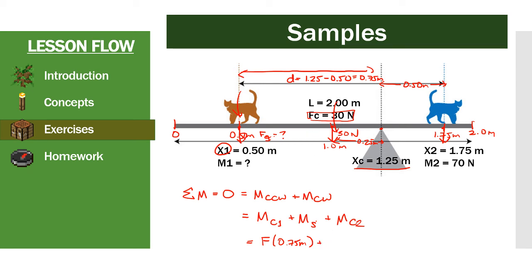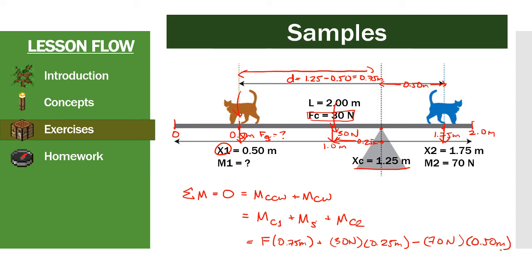The seesaw itself has a weight of 30 newtons exerted at a distance of 0.25 meters from the center of support. And finally, you have cat number 2, negative because it's clockwise. This cat has a 70 newton force exerted at a distance of 0.50 meters.